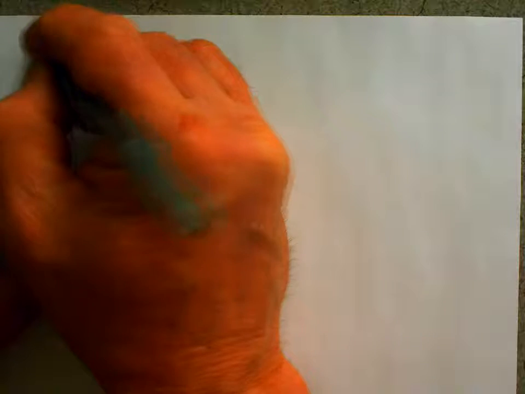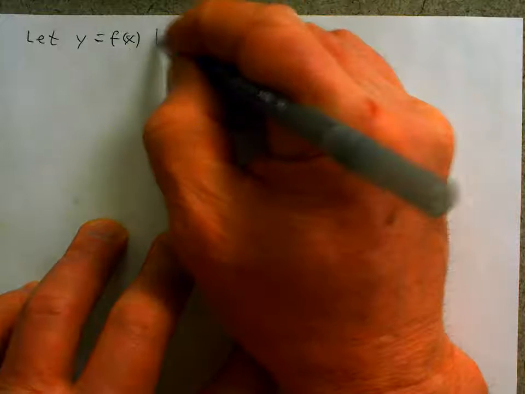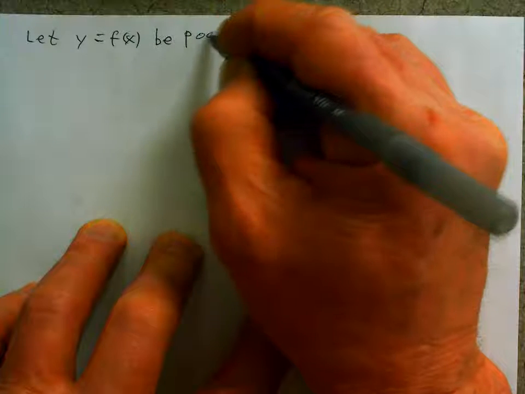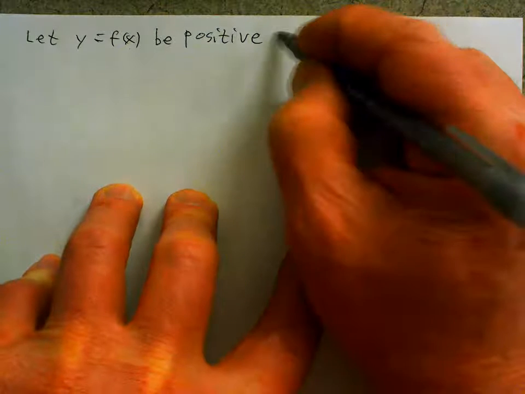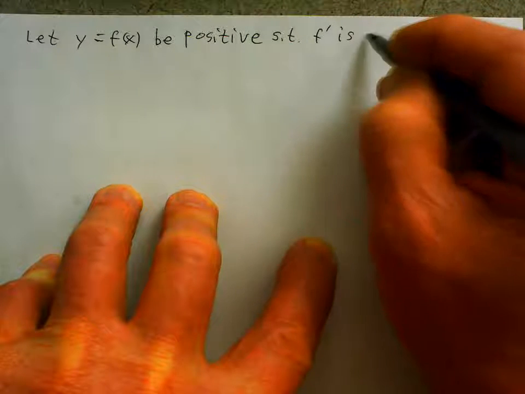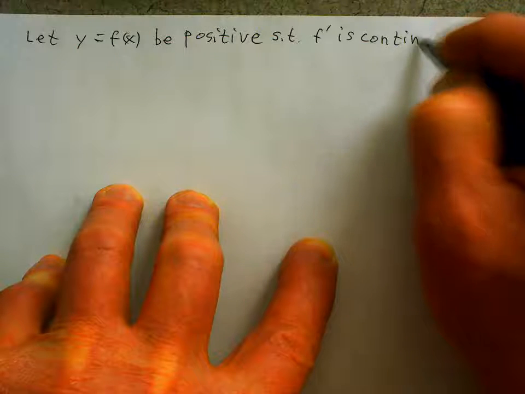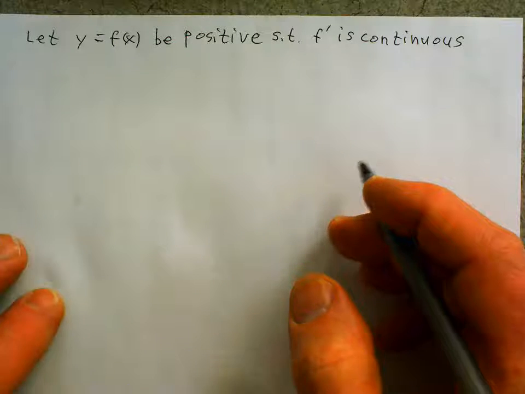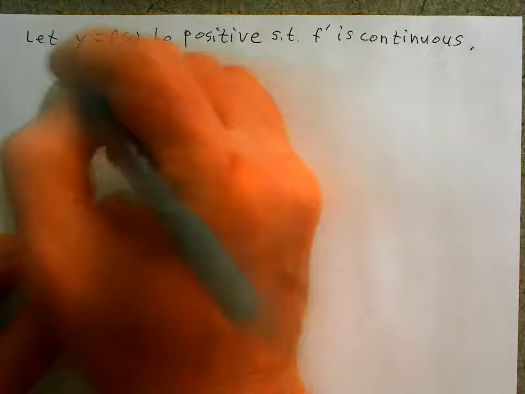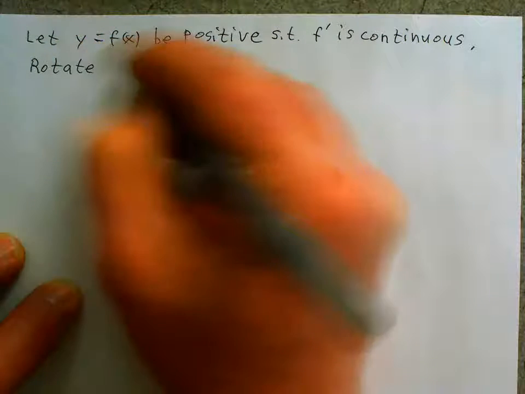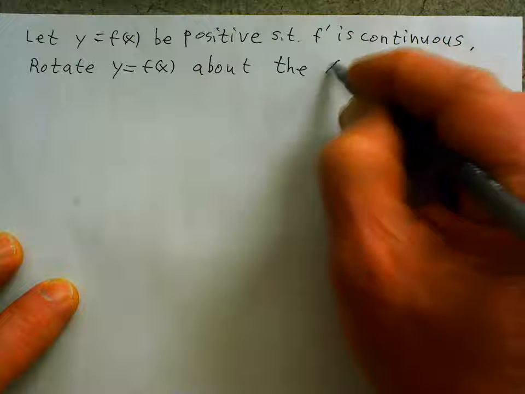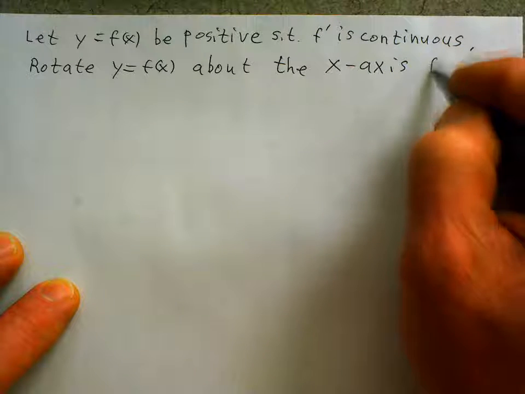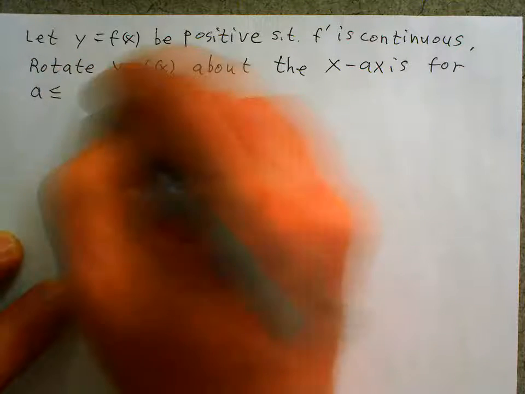If we let y equals f of x be positive, by which I mean f of x is greater than 0, such that f prime is continuous, we will rotate y equals f of x about the x-axis for values of x between a and b.